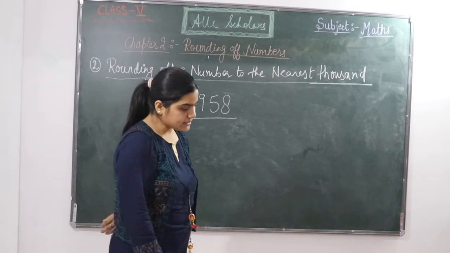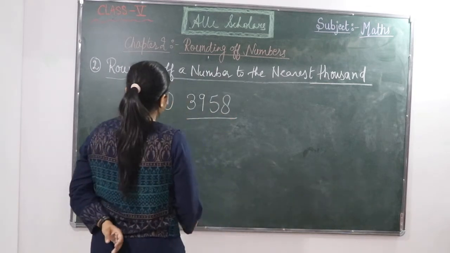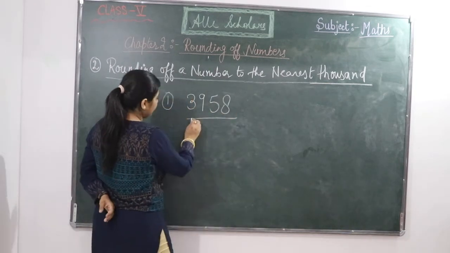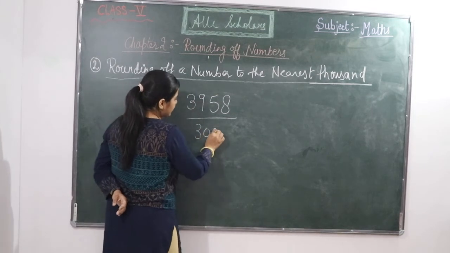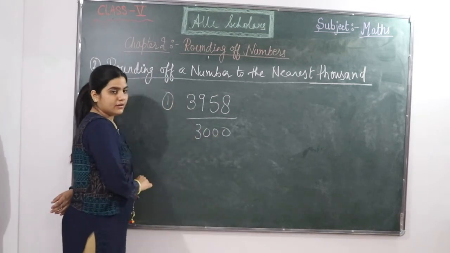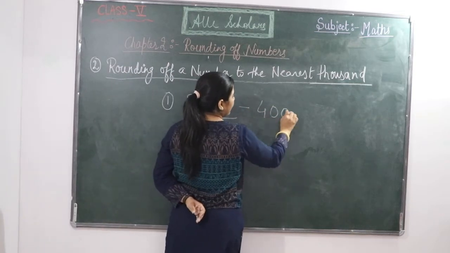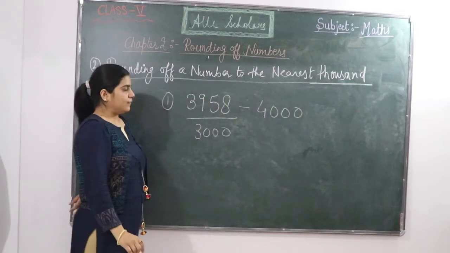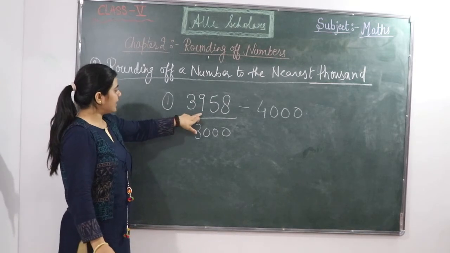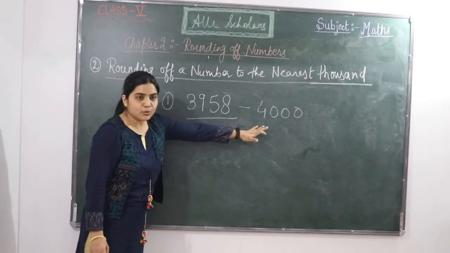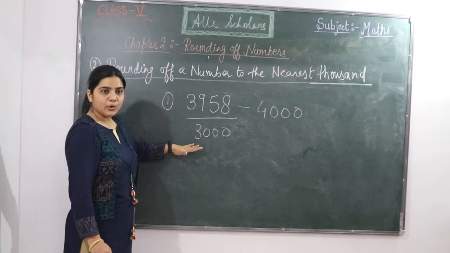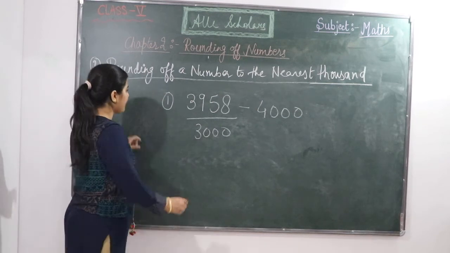If we round it off, will it be 3000? No, we will round it off to 4000. Why? Because 3958 is near to 4000 as compared to 3000.